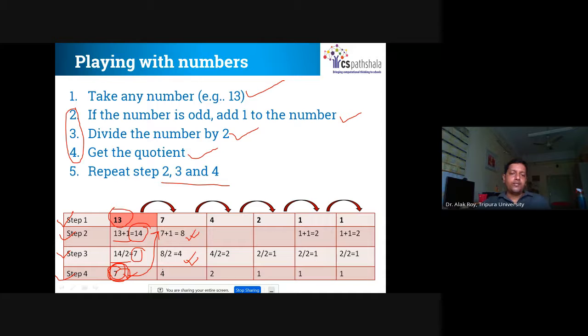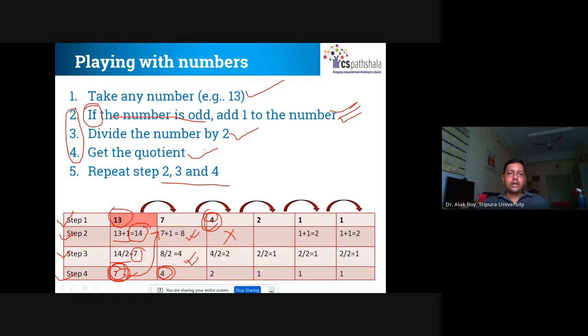And 4 is an even number. Since 4 is an even number, step 2 will not be executed. Why? Because it has the condition if: if the number is odd. The number is 4, and 4 is not an odd number. So this step 2 will be skipped.